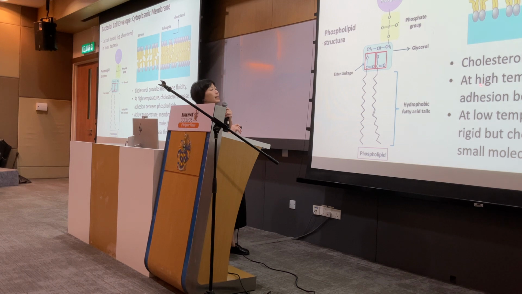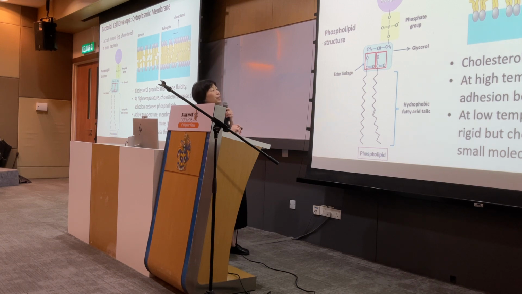For example, in high temperature, the cholesterol actually increases the adhesion, meaning that it connects the phospholipids together, because during high temperature all the phospholipids try to separate from each other and become very active, moving around. But cholesterol helps them adhere to each other so that it stays as the structure of a cell membrane.